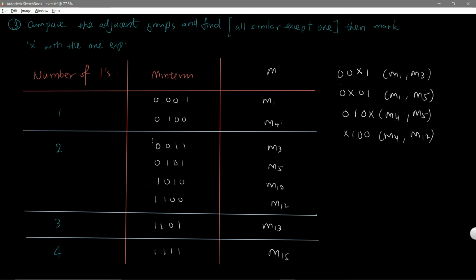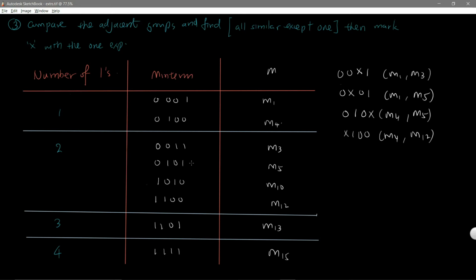So now we can go on with M3. M3 has been paired with M1 already, so we only compare with the term below it. Is there any other term with only 1 different position? No. So let's move on with M5.